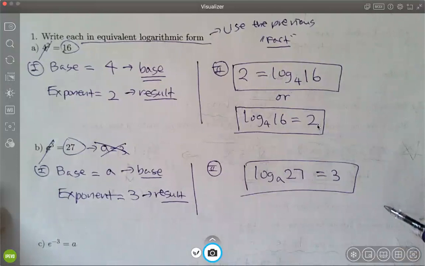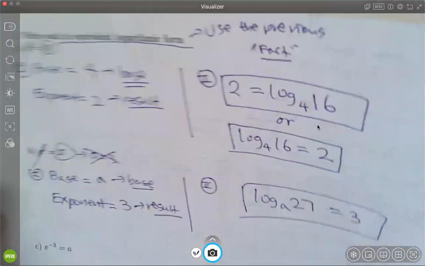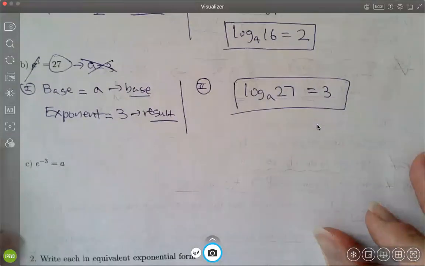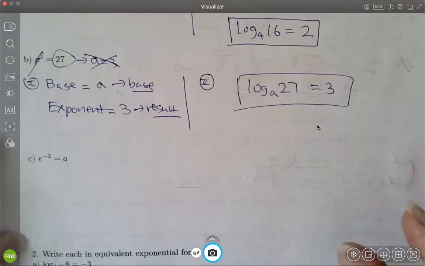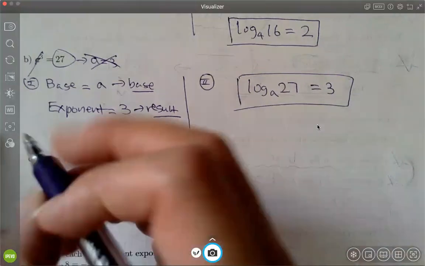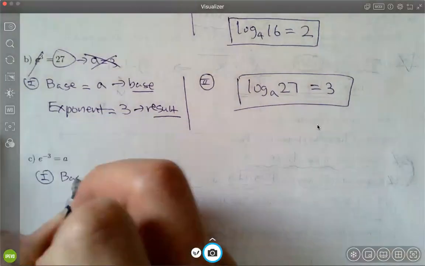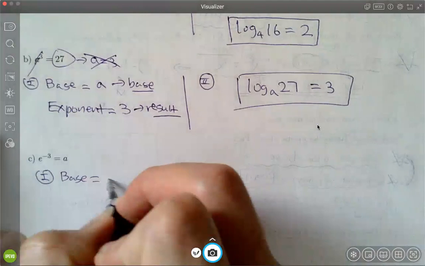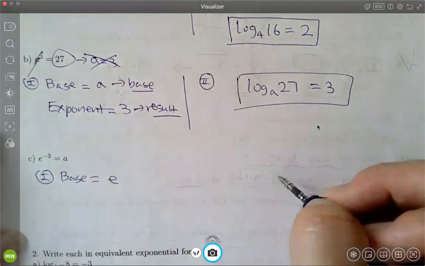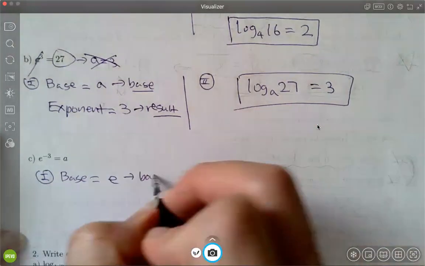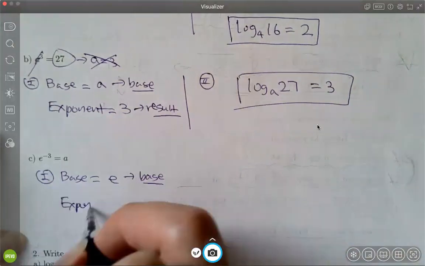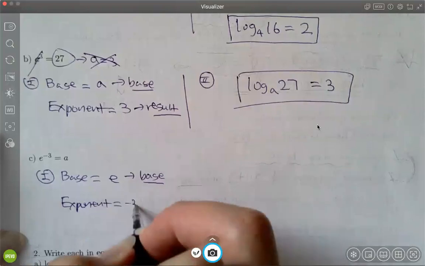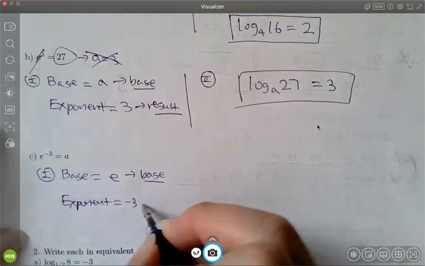And now part C. e to the negative 3 is equal to a. Do the same thing: base, which is e, becomes the base of our log, right? And then what is the exponent? Negative 3, that becomes the result of our log, right?